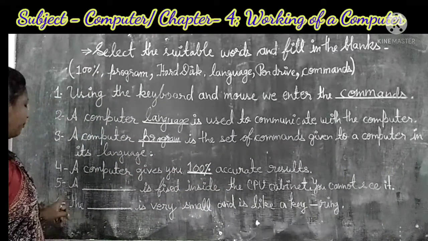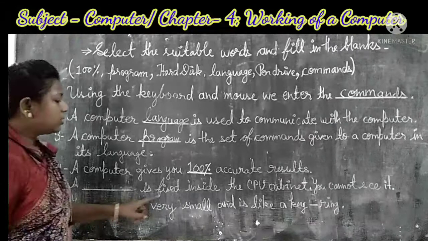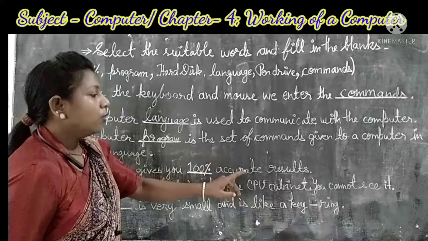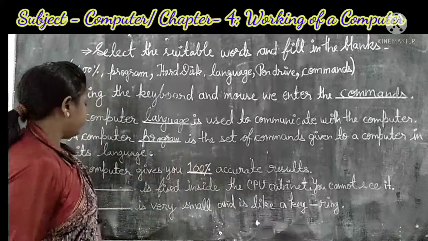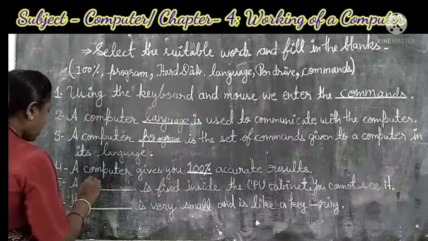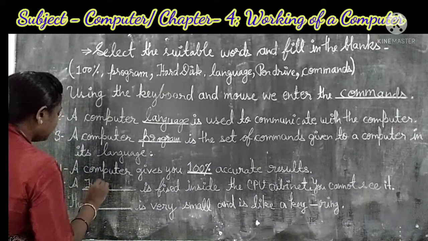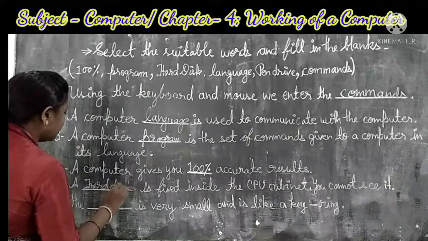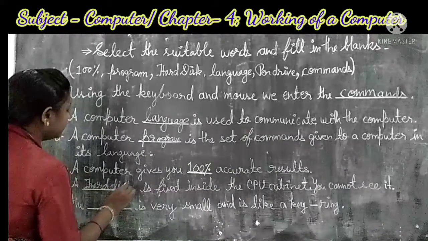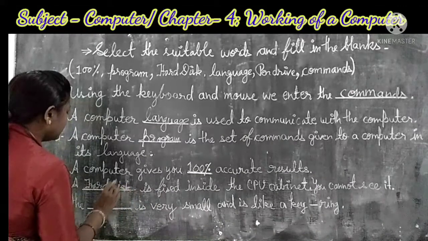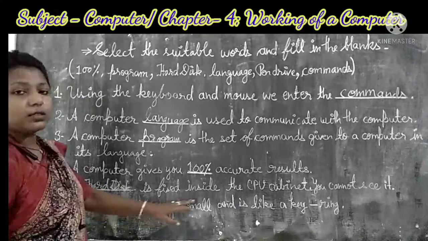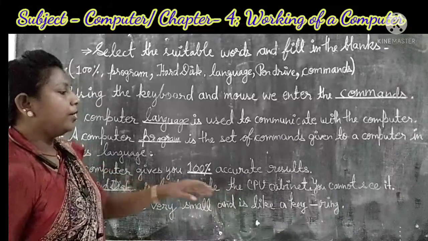Okay? And your fifth line is, a dash is fixed inside the CPU cabinet. You cannot see it. It means hard disk. A hard disk is fixed inside the CPU cabinet.